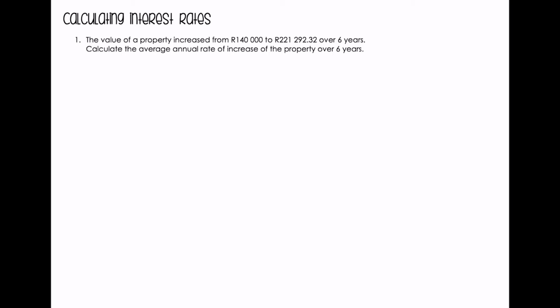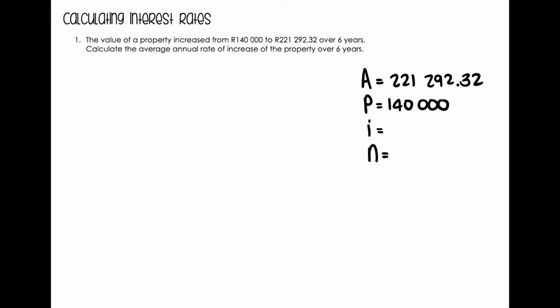All right, so we start by listing our A, P, I, and N. So the accumulated amount, the end amount, is 221,292.32. The starting amount was 140,000, so that's what it started as, and it increased to the 221,000.